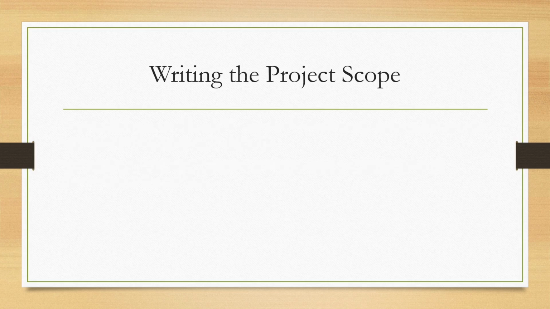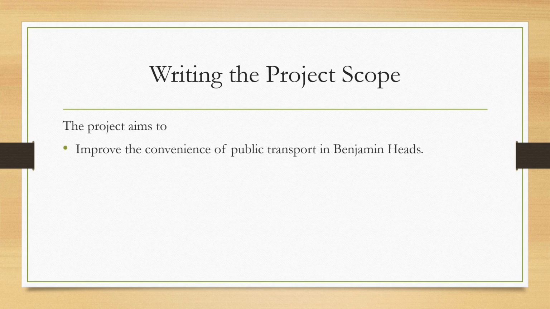So this is how I would summarize it. You may have come up with something slightly different. I'm saying the project aims to. So that's the first thing we're going to write down. It's a sentence starter. This project aims to achieve something. And what it aims to achieve is to improve the convenience of public transport in Benjamin Heads. That's the goal of my project.